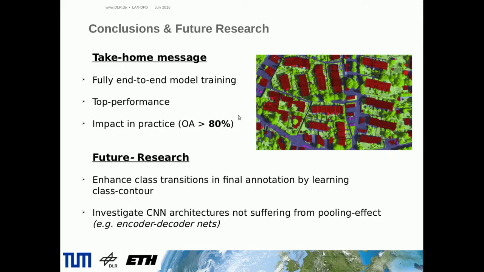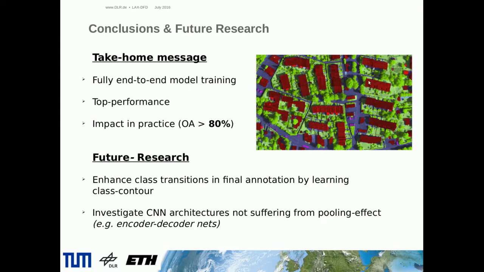For future work, what would be very interesting is to have a class transition in the final annotation by learning the class contour. By that I mean we could learn edges that are class related.